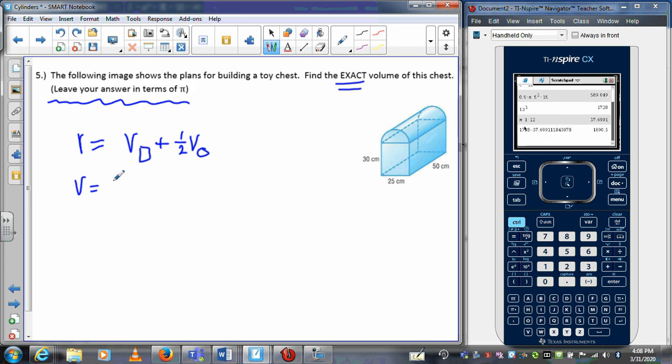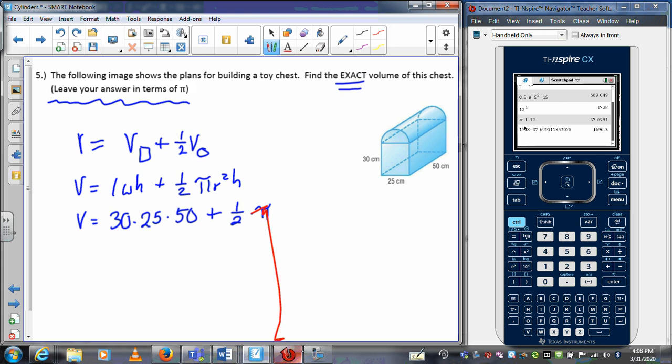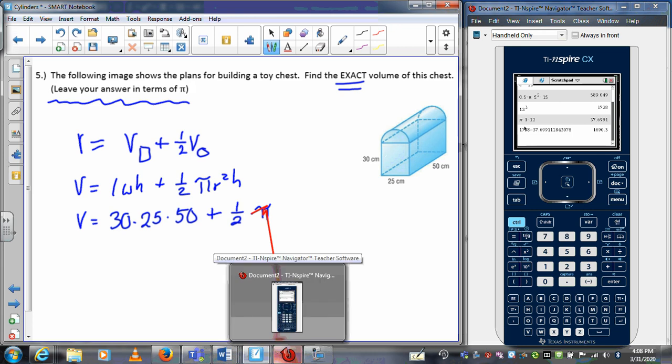So to find the volume of the prism, that's going to be length times width times height, plus 1/2 of a cylinder, which is pi r squared h. So the cube on the bottom is going to be 30 times 25 times 50 plus 1/2 times pi. Uh-oh. My marker's going rogue here.